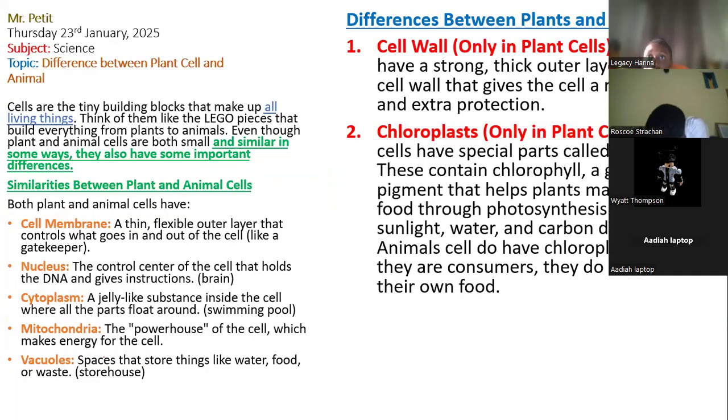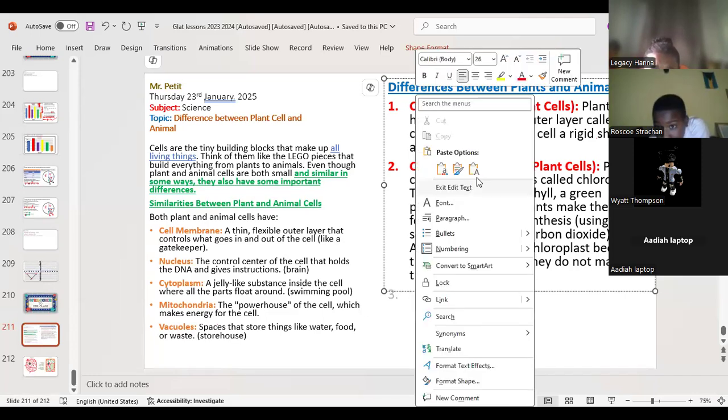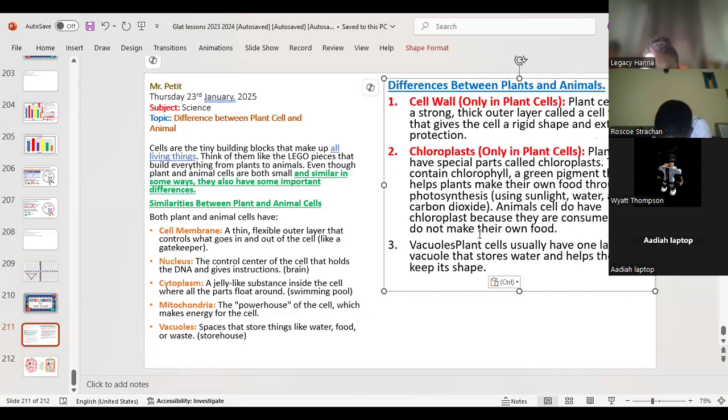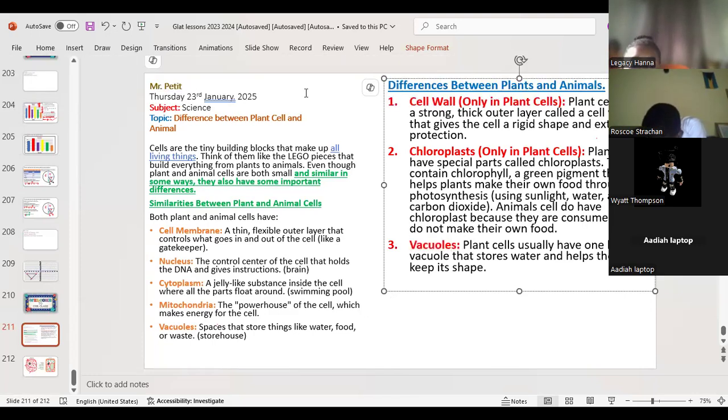Wyatt, what is the difference between a plant cell and an animal cell? The plant cell has a cell wall and the animal cell doesn't. Very good.